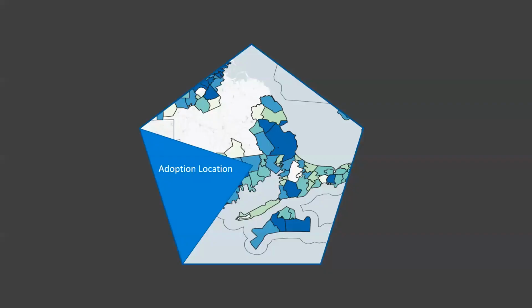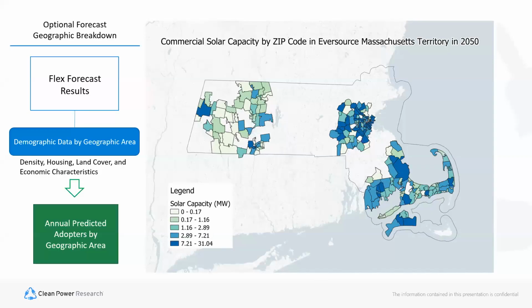Okay, so for adoption location, we take that full territory forecast and we break it down. So this feeds into another separate model using demographic data by geographic area. Most of this data comes from the US Census.